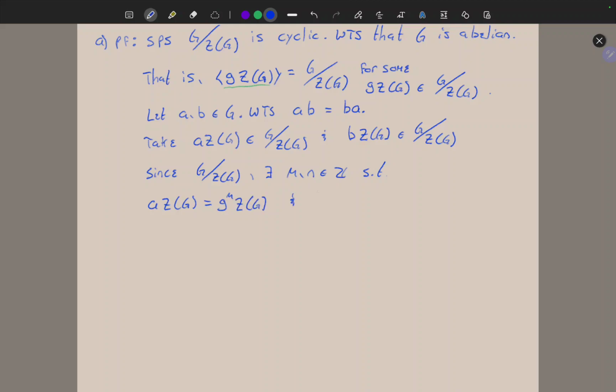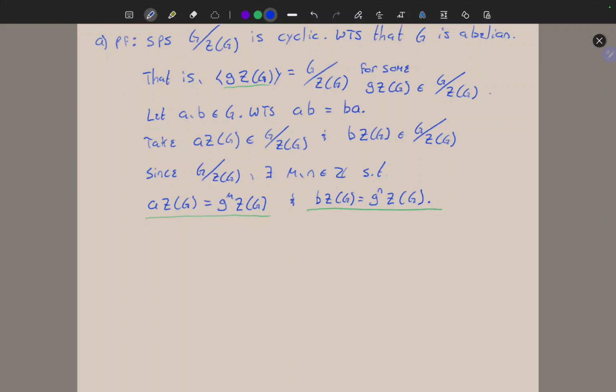And similarly, b, this coset here, can be written as g to the n operated with the center like this. Now remember, these elements here are cosets, so let's take advantage of our properties of cosets. What can we say with these two statements?